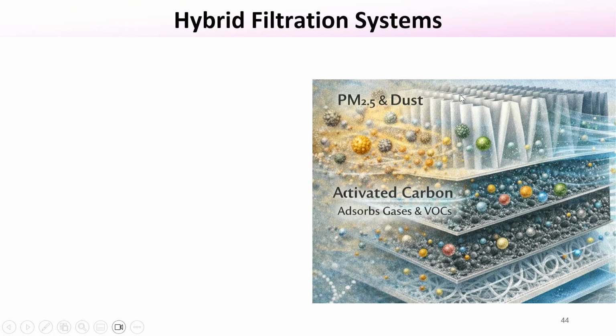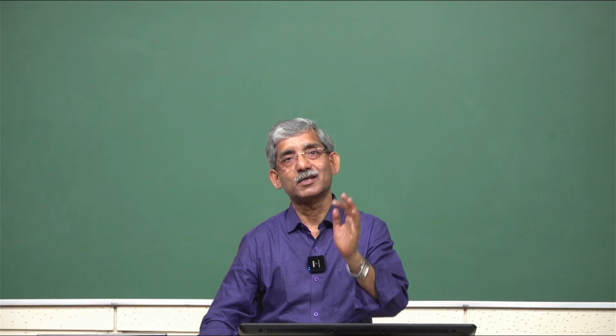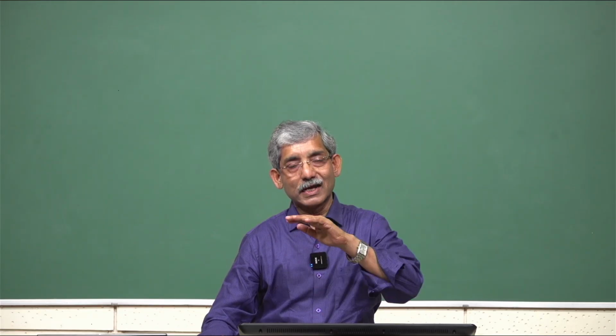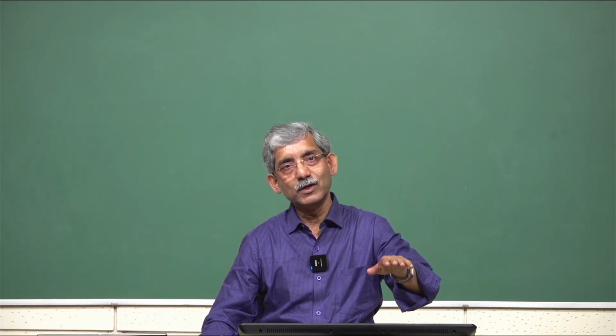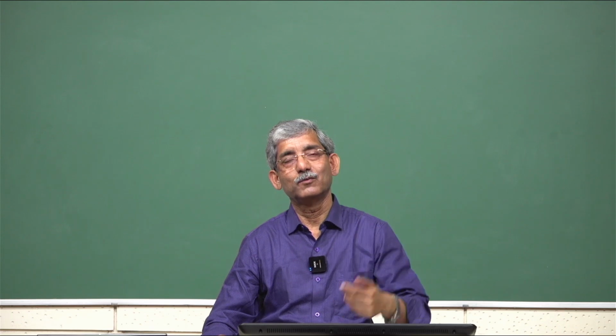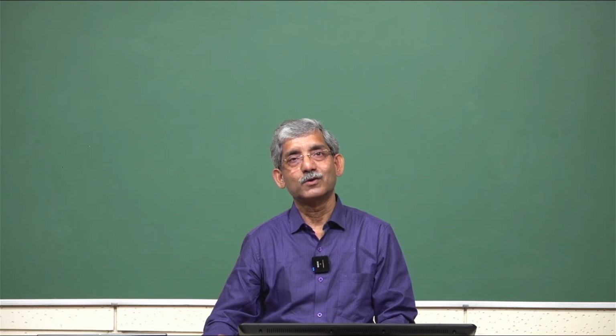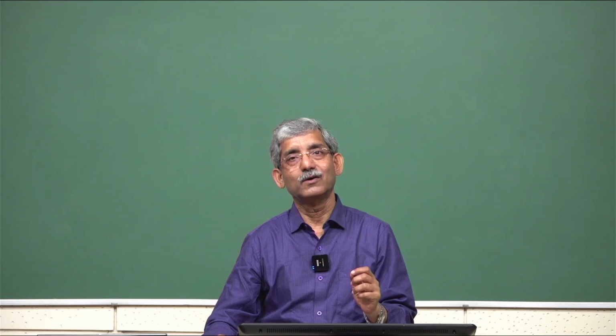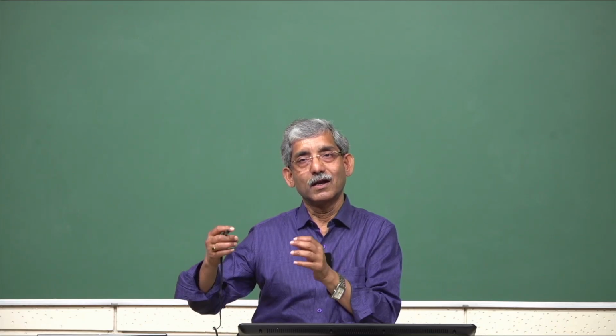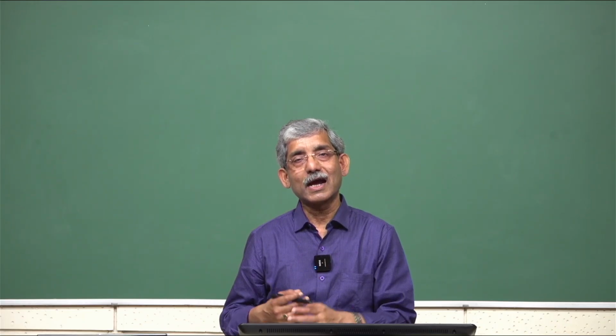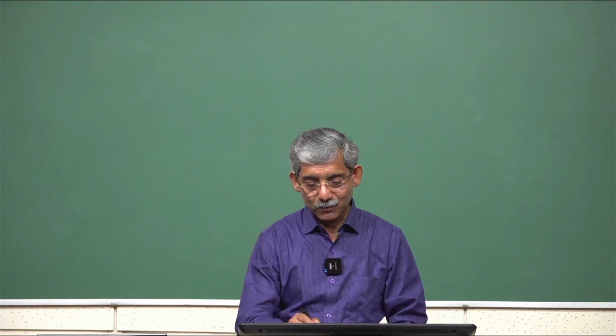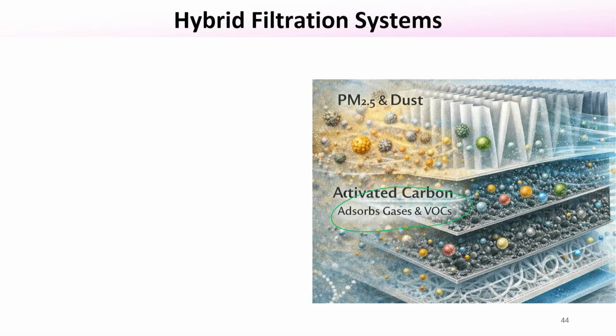Hybrid filtration systems. Because we can use two technologies, two principles, to improve the filtration efficiency. Like a textile filter with activated carbon. The textile filter will be used for larger particles, and activated carbon will absorb gases or volatile compounds.